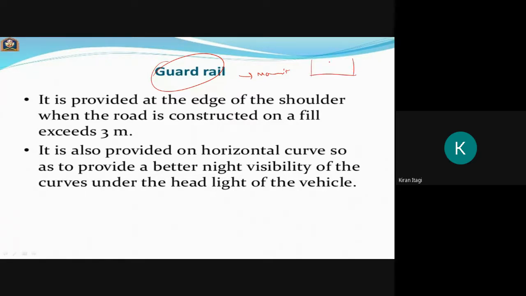Guardrail is nothing but keeping the vehicle within the track, such that it doesn't come out of the track or pavement.